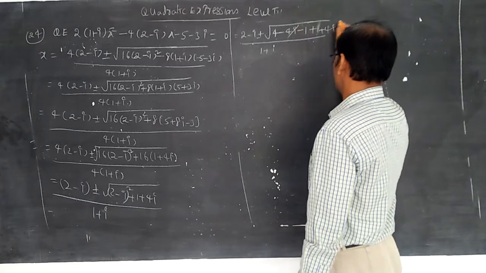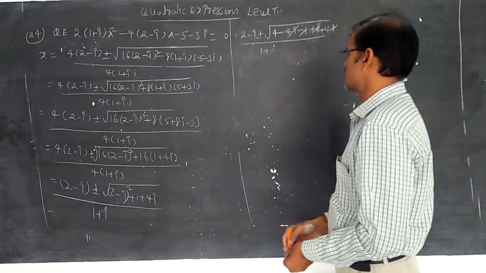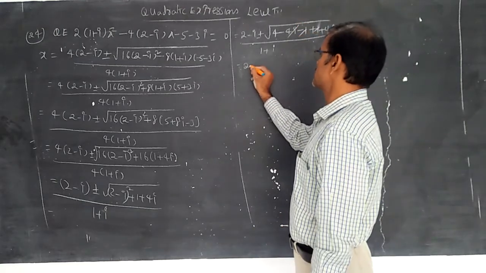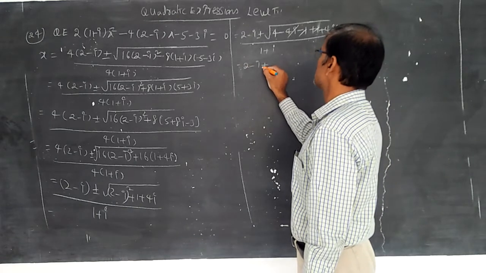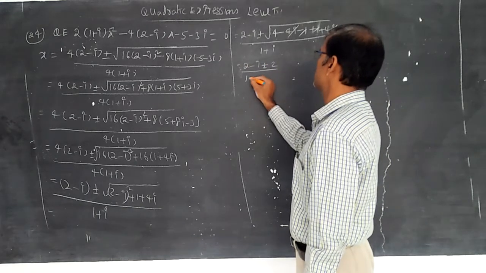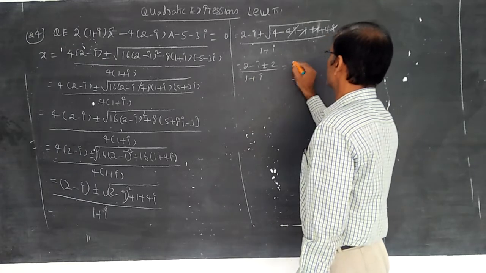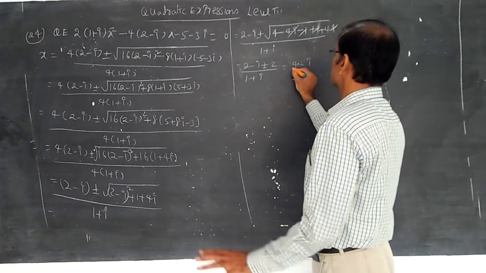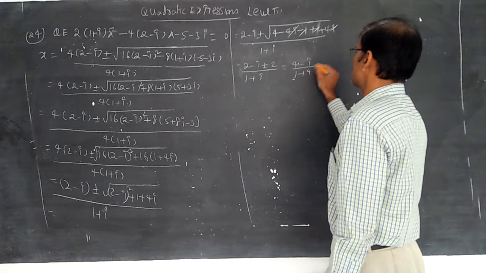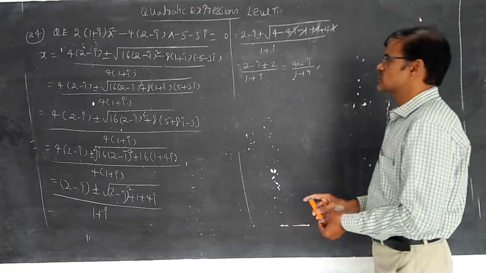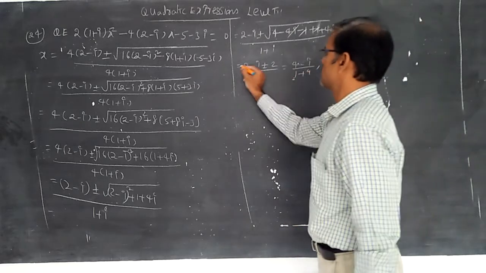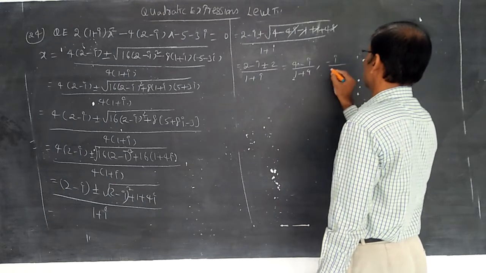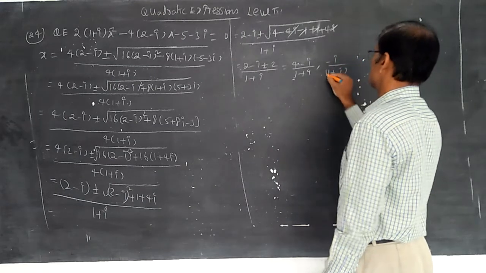Here minus 4i plus 4i, minus 4 plus 4 get cancelled. Now that is equal to 2 minus i plus or minus 2 by 1 plus i. So 4 minus i by 1 plus i is a root, comma 2 minus 2 becomes 0. So minus i by 1 plus i is a root.